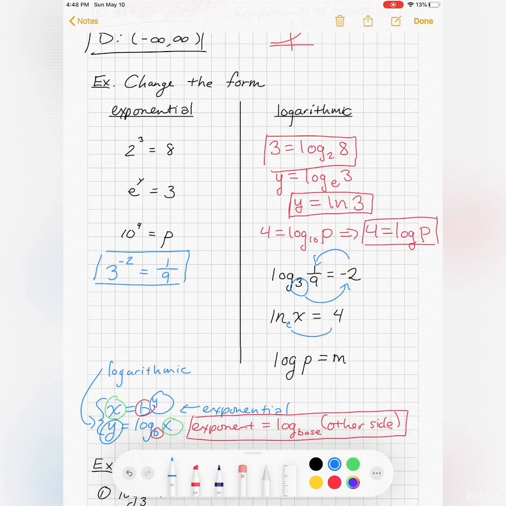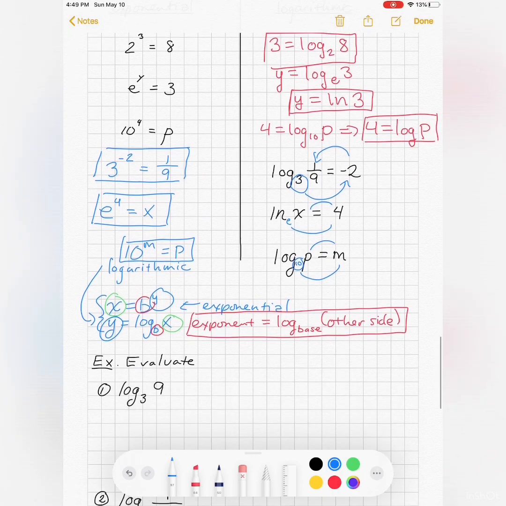Okay, ln is a log base e. So e to the 4th equals x. Common log is a log base 10. 10 to the n equals p. It's pretty easy, huh?